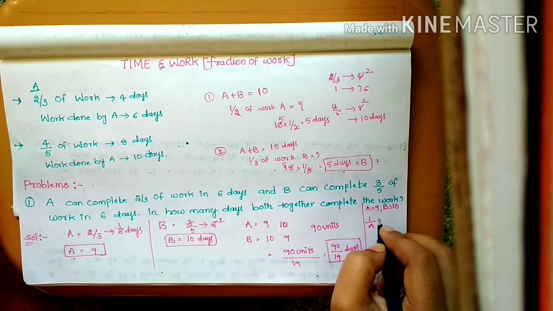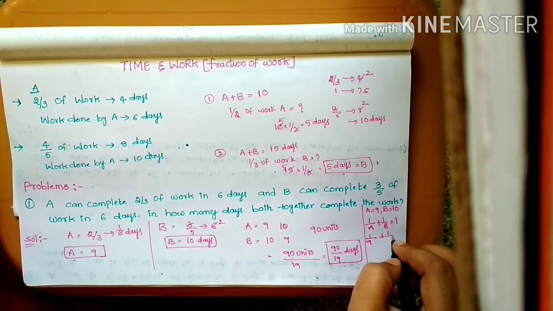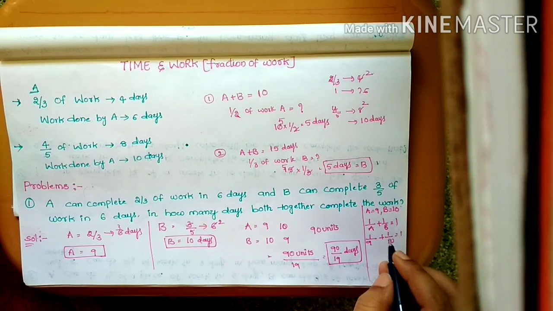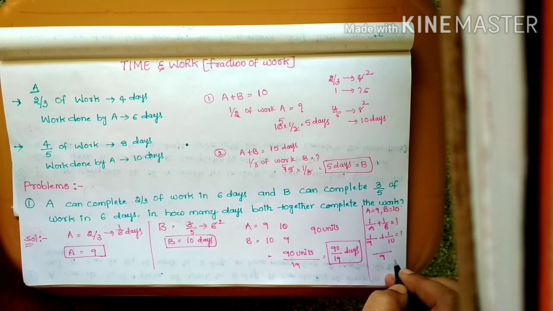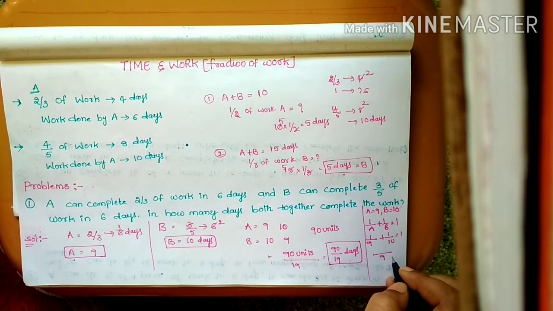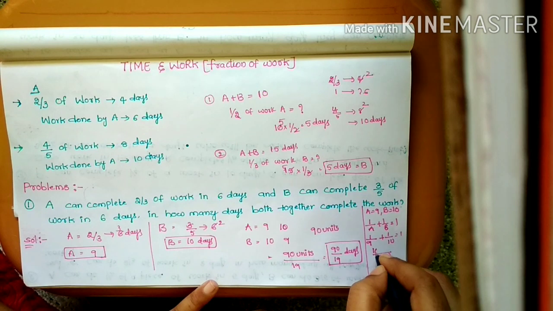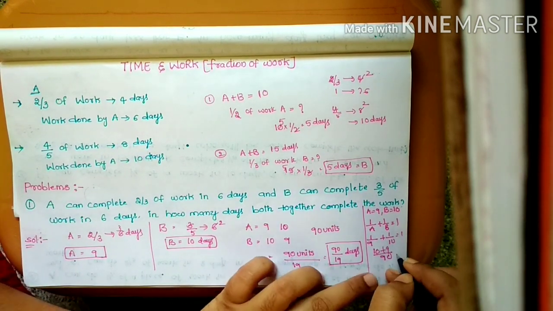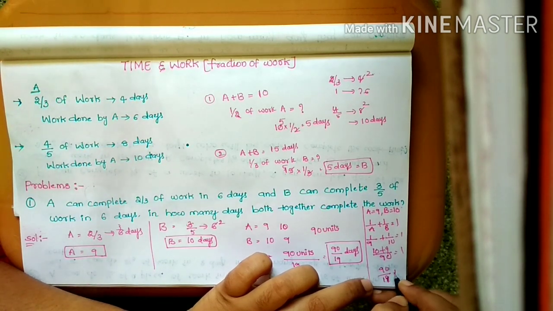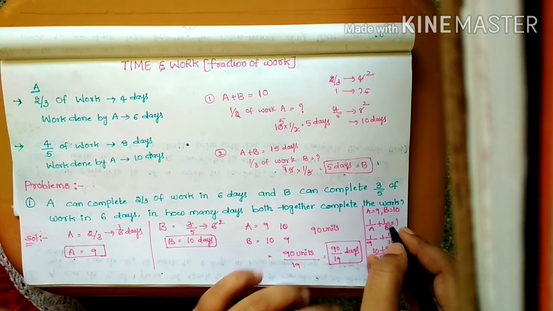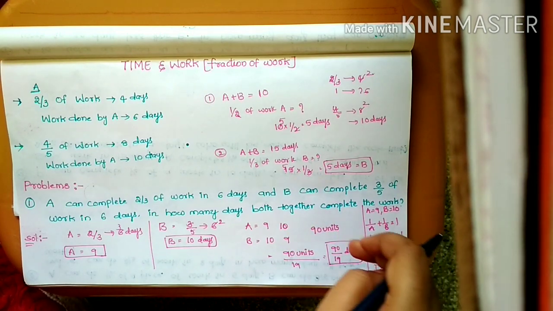So 1/A plus 1/B is equal to 1 over the total time. 1/9 plus 1/10, take the LCM 90, so 10 plus 9 is 19. So 90 by 19 days. This is one method, this is another method. You can follow either method.